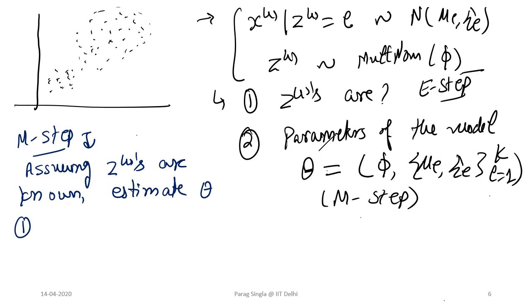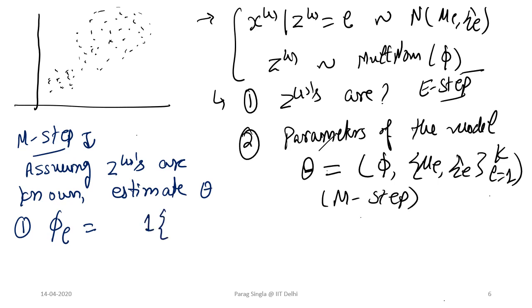And I will encourage you to refer back to the notes for GDA. The phi l parameters are simply the probabilities of each of the clusters in this case, which is essentially the proportion of points belonging to that cluster.